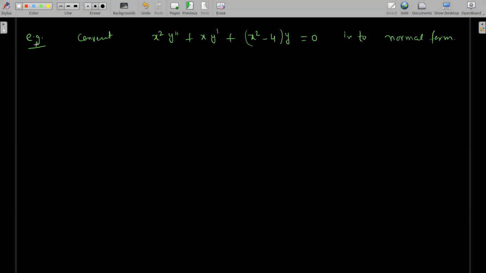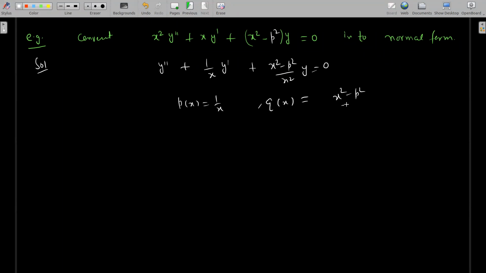Kindly note that this is not a standard form. So firstly try to convert this equation into standard form. So divide with x square, or you can write this general equation. So there is a constant p. This is the famous Bessel's equation. So in my notation, p(x) is 1 by x and q(x) is x square minus p square by x square.